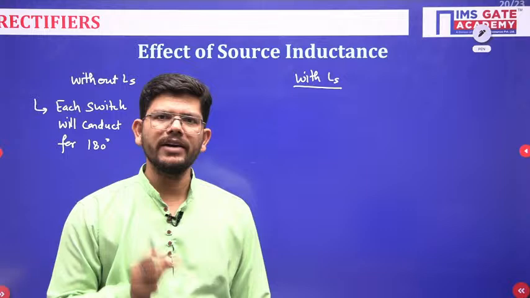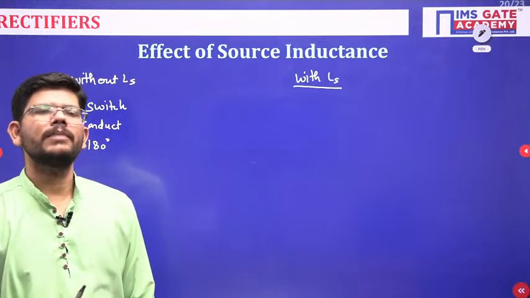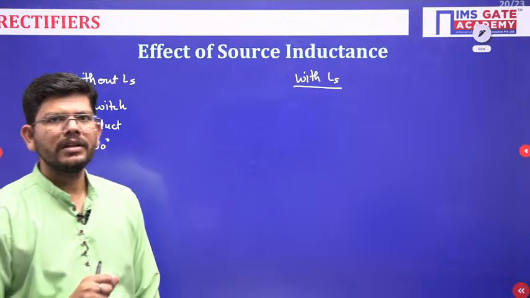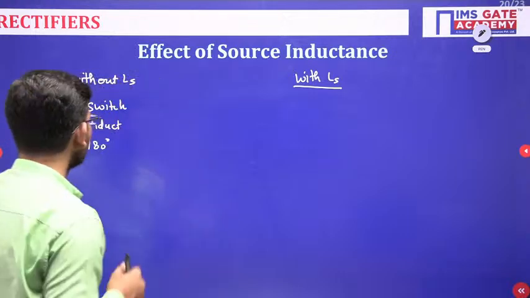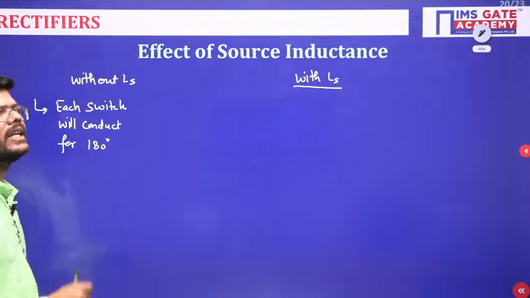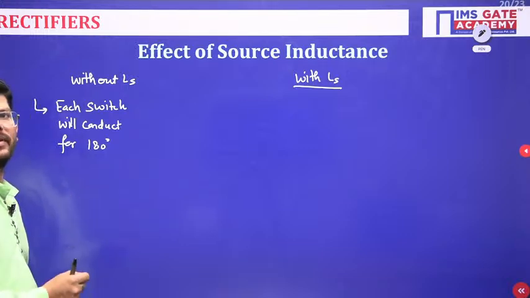If we have a diode, 180; if we have a thyristor, 180 minus alpha. This is the duration for which they conduct, and it depends upon the load as well. If the load is RL, it is conducting from alpha to pi plus alpha, means 180.